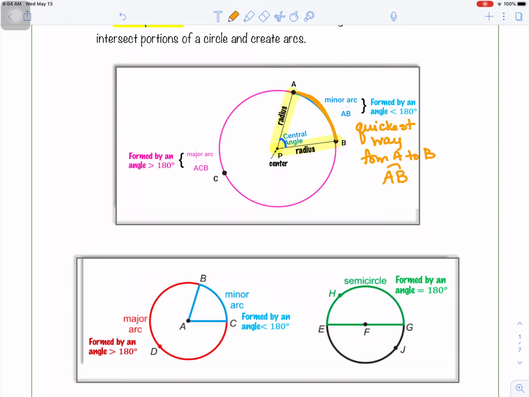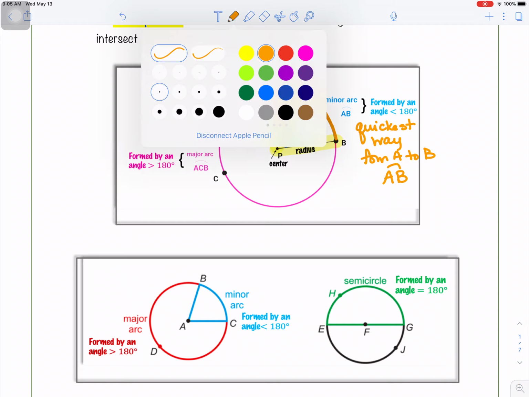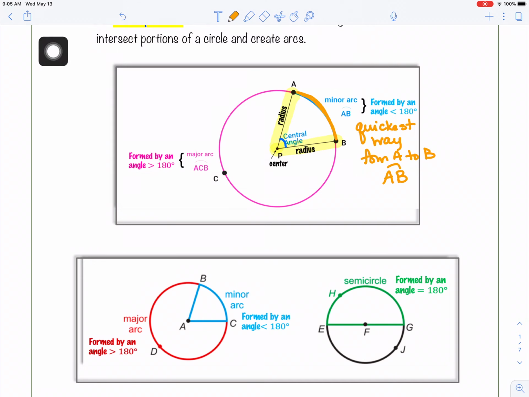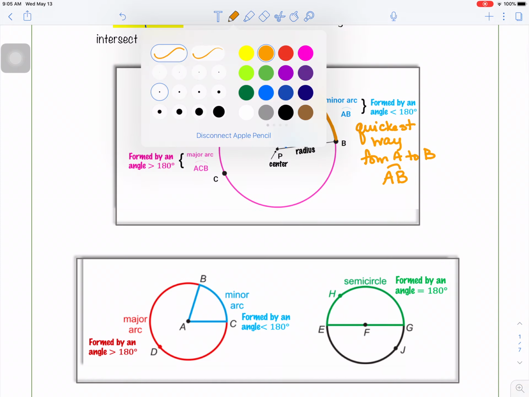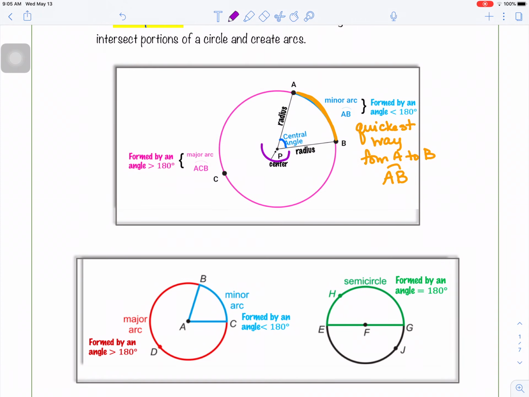What is the major arc? Well, let's look over here, focus in the pink section for a minute. This is formed by an angle that is greater than 180 degrees. It's called a reflex angle. It's really big, okay?